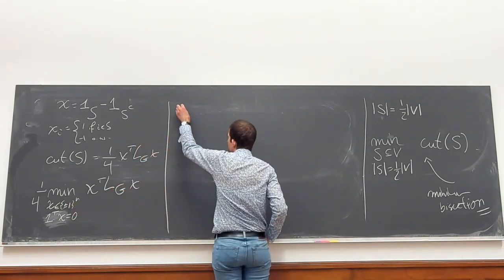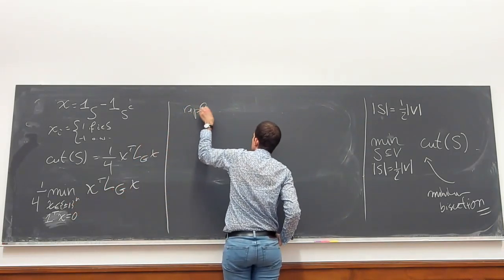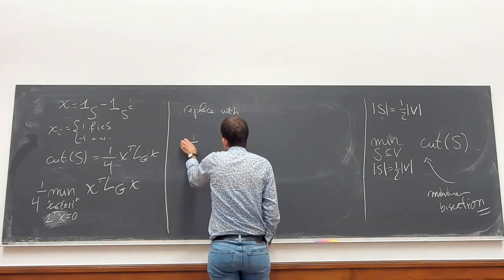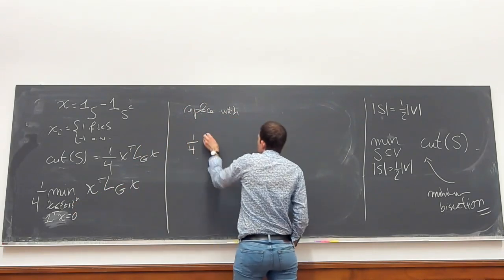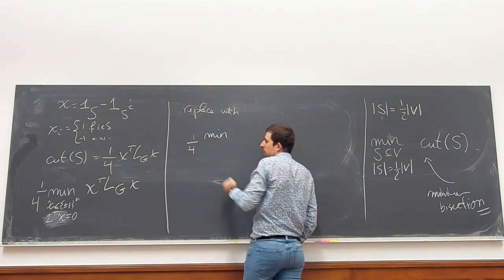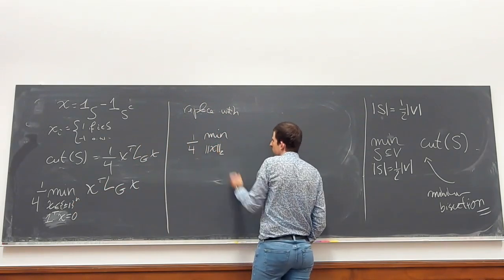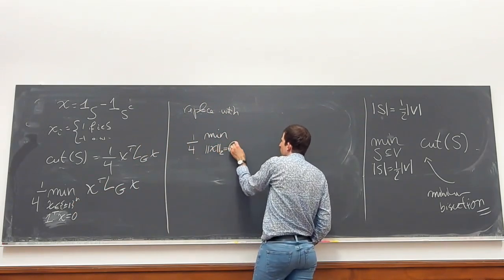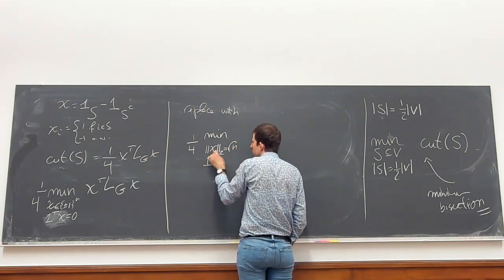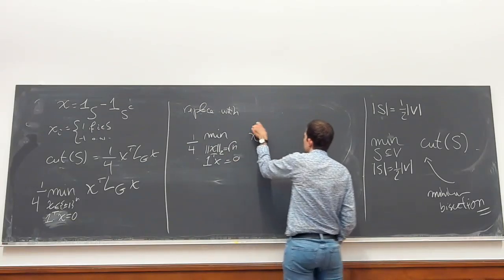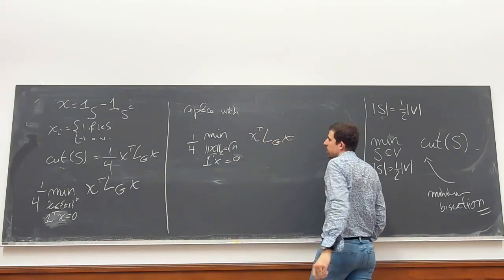What if instead we replace it with the following: 1/4 times the minimum, something a bit more spectral looking, over x with the 2 norm being square root n and 1 transpose x being 0, of x transpose L_G x.